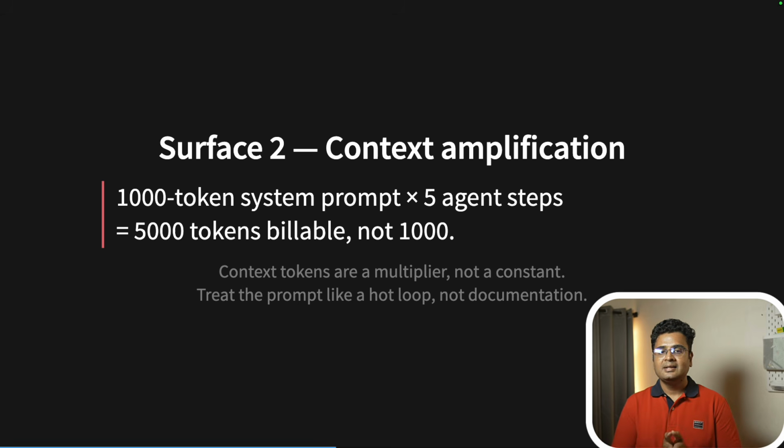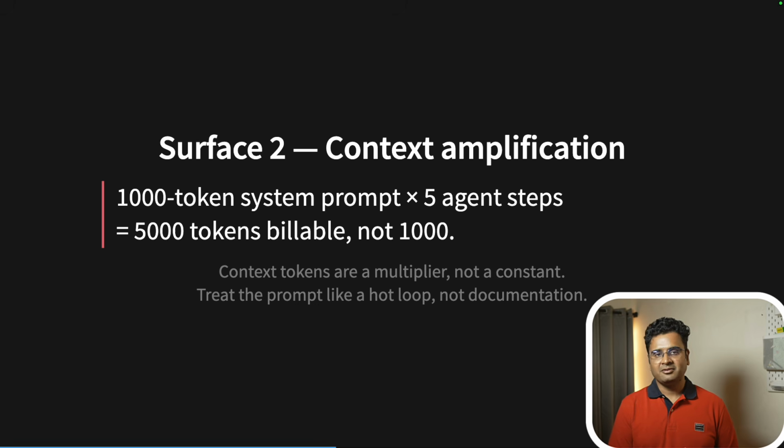And this is why prompt compression and context window discipline are not just optimization, they are a first order cost decision. A team that I work with cut their per task spend by 38% with just one change. They stopped re-injecting the full schema on every single step and started injecting only the tools that they had already chosen to use.